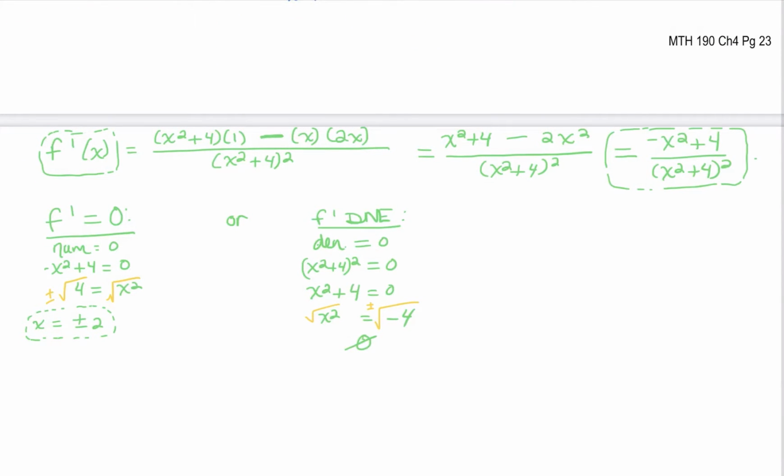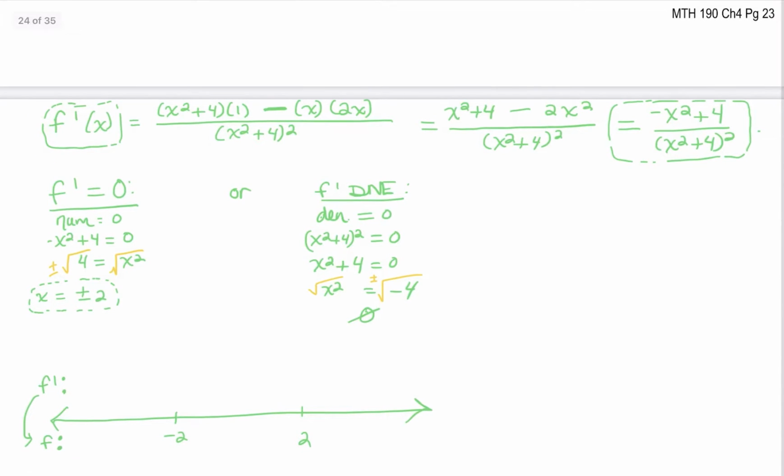So as we finish this first part out, we have our negative 2 and 2. We're looking to sub values into f prime so we can make conclusions about the original. So let's sub in something less than negative 2, maybe negative 3.